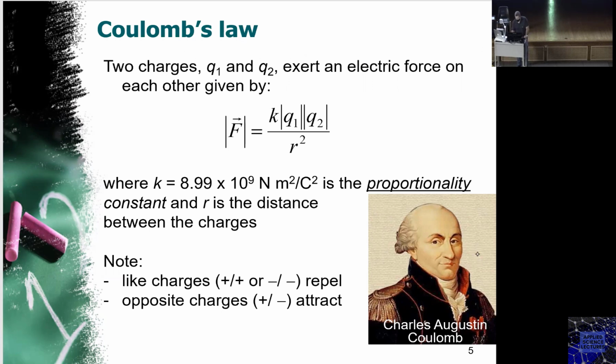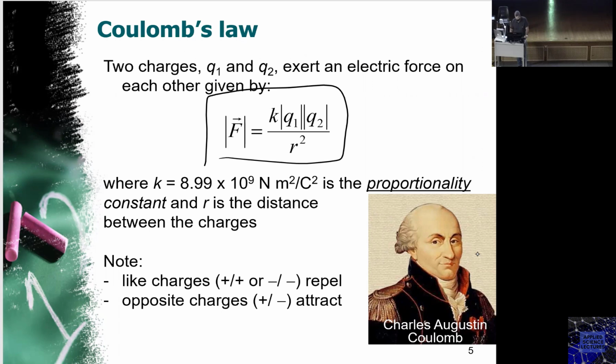So if we look here at Coulomb's law, this is the magnitude of the force. We will see that this magnitude of the force depends on the magnitude of the two charges at least that result in that exerted force.